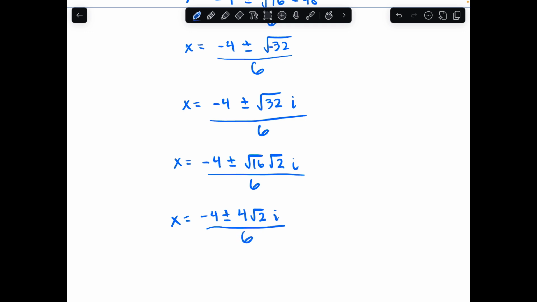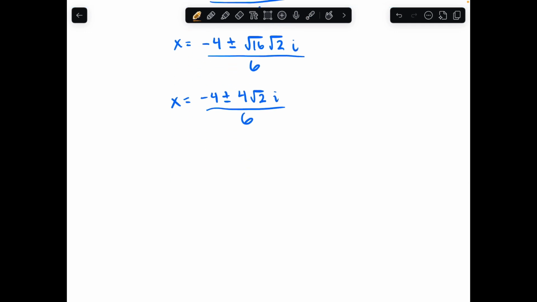Now let's go ahead and separate this at our plus and minus. So we'll have two answers. The positive one is going to be x equals negative 4 plus 4 times the square root of 2i all over 6, which then becomes x equals negative 2/3 plus 2 times the square root of 2 over 3 times i.